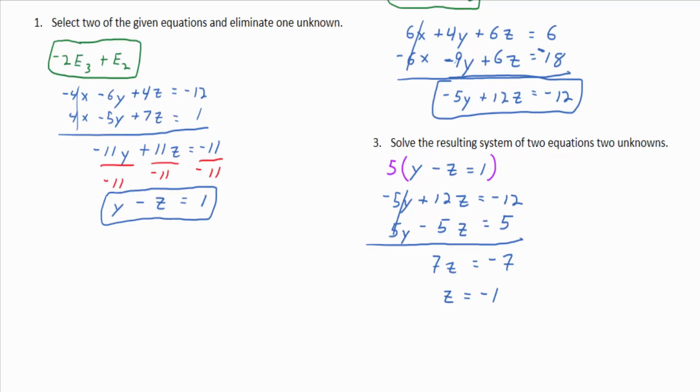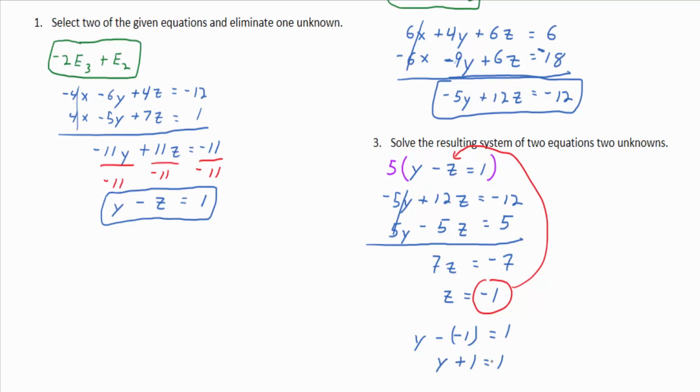And then remember, you can plug back into one of these two equations. The top one's easier, the original top one, that is. Plugging in for z right there to get y. And we'll have then y minus a -1 equals 1. Same as y plus 1 equals 1.